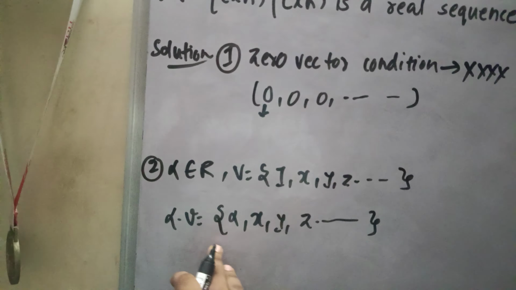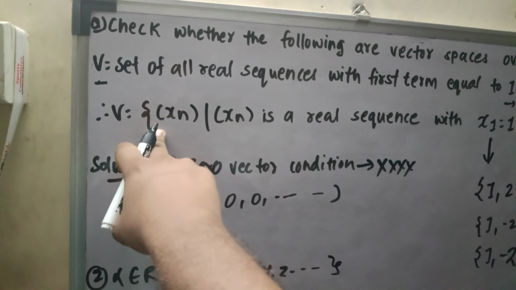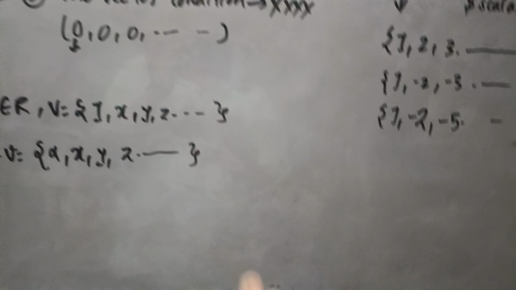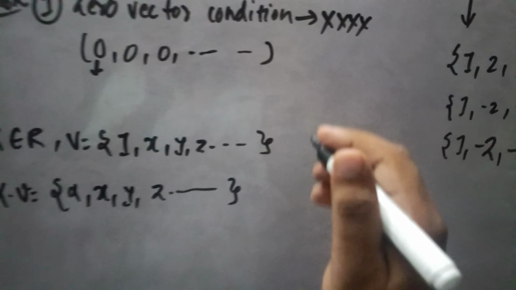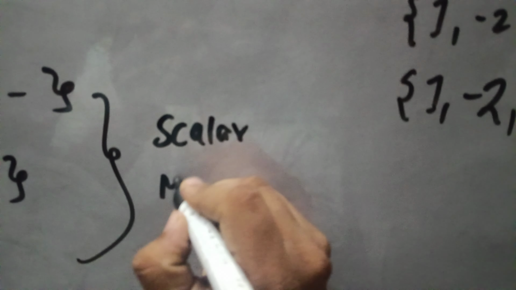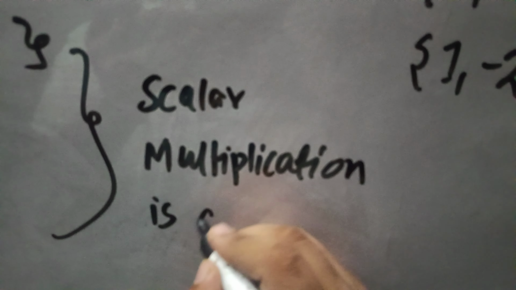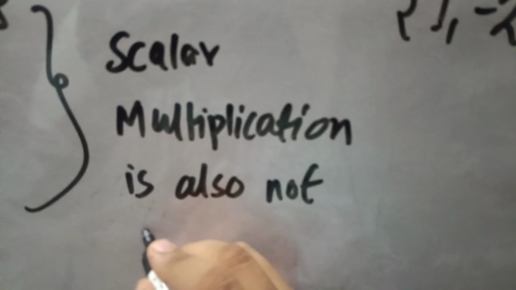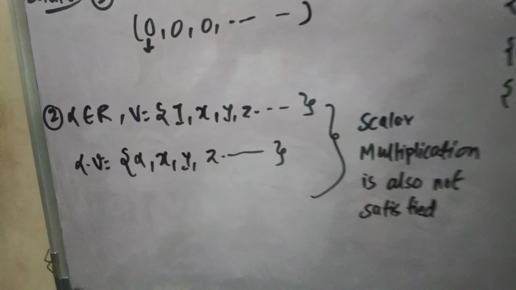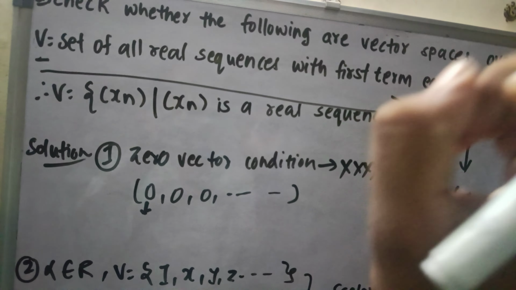Now since this has first value as alpha and in our case we need first value as 1, this also automatically denies the condition, and hence the scalar multiplication is also not satisfied, and hence we can say that this set is not a vector space.